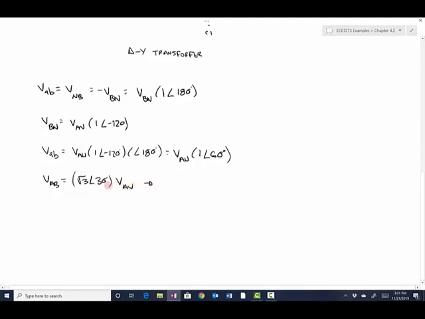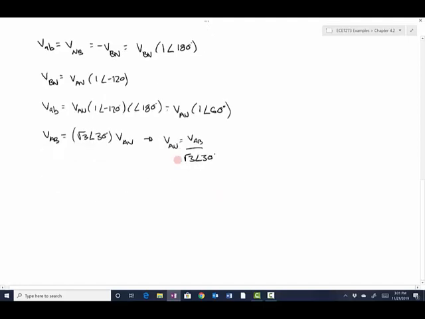That's just my standard line to line conversion for a three-phase Y system. So obviously I want to solve for VAN, so I can substitute up here, and I get VAN is equal to VAB over √3 angle 30 degrees.